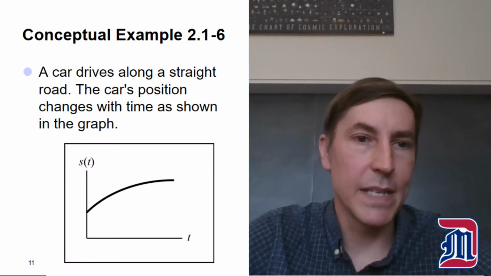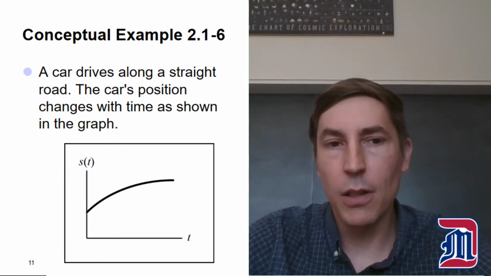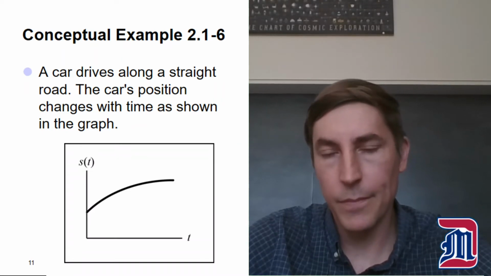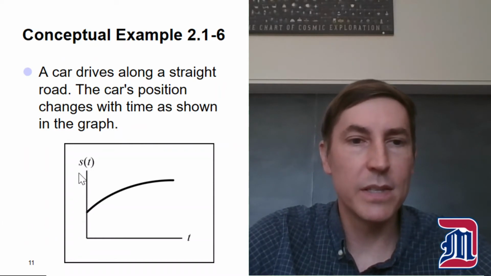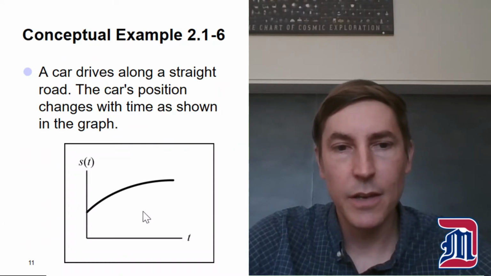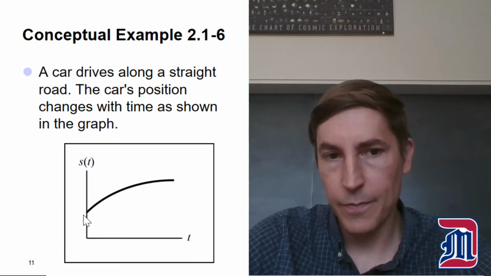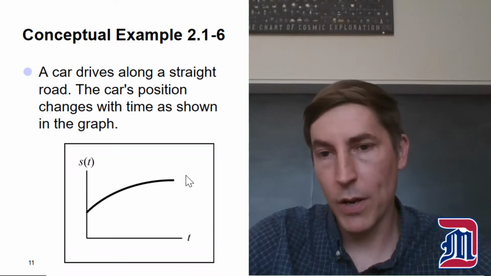Here's another example. We have a car driving along a straight line, and the car's position is changing. Looking at this picture, this is our position S versus time. The graph is a curve, but the car itself is not going around a curve.